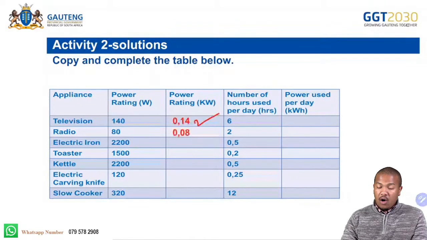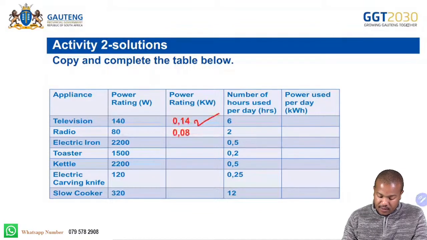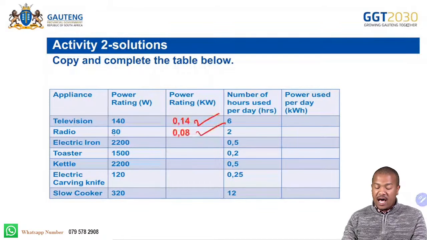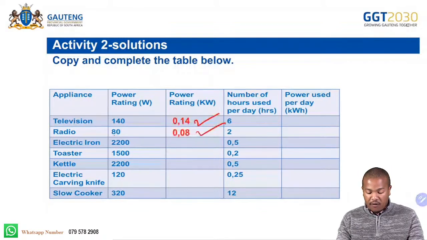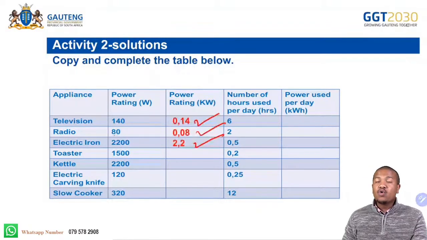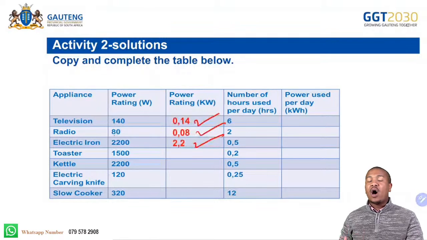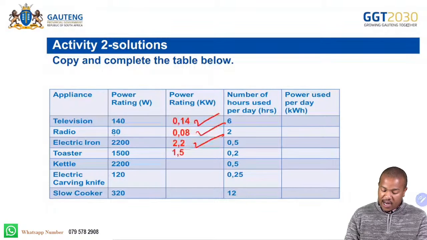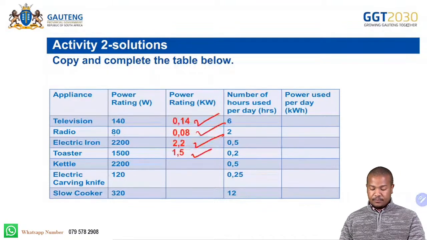For radio, the kilowatts are from 80 watts divided by 1,000, it gives us 0.08 kilowatts. Then for electric iron, it has a power rating of 2,200 watts, so the answer is 2.2 kilowatts. Then the toaster has a power rating of 1,500 watts, which in kilowatts is 1.5 kilowatts.